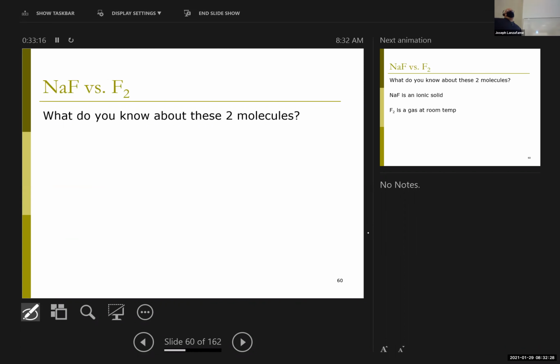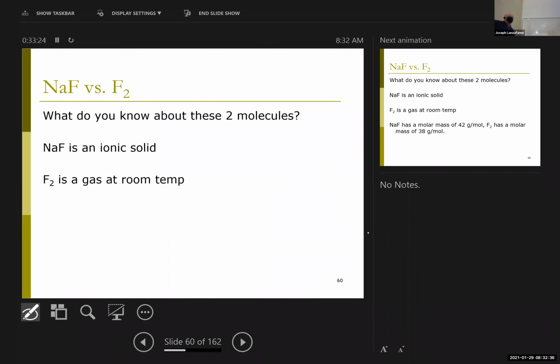So first, just to emphasize my ionic bonds, I present you with sodium fluoride and fluorine. Sodium fluoride is ionic. It's a metal and a nonmetal. Sodium is what, 1.9, I think, for electronegativity versus 4 for fluorine.